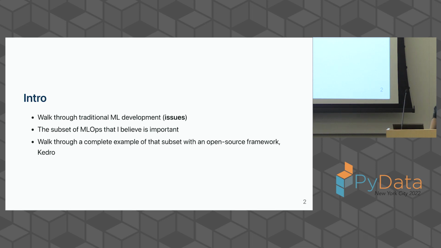I'll talk about a subset of MLOps that I think is important to address in moving ML to production. And then I'll walk through a complete example. It's small, and kind of contrived, but it still touches all the points that I think are important in doing production ML.